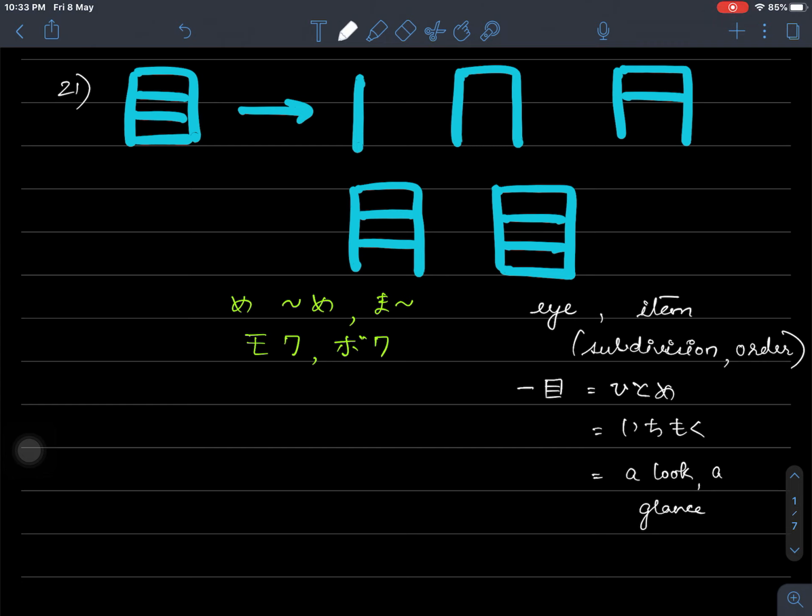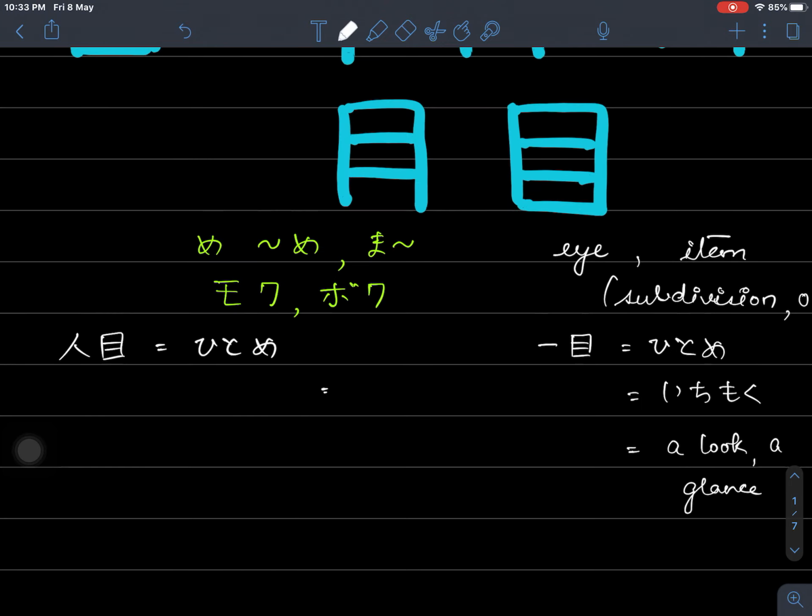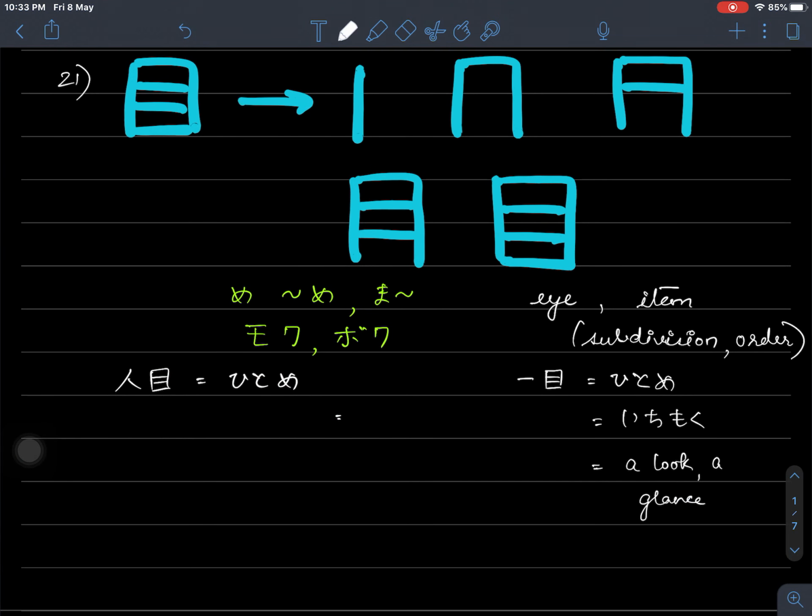Okay, let's have a look at another word. So this is hitome. Again, somewhat exceptional because both are kanjis and they are still using the kunyomis and not the onyomis.